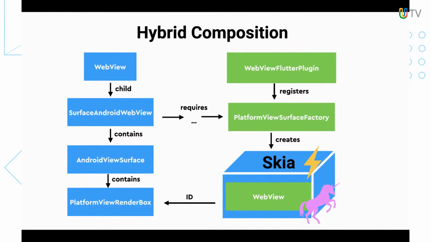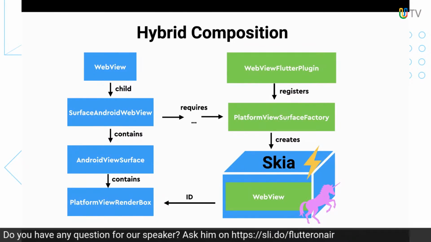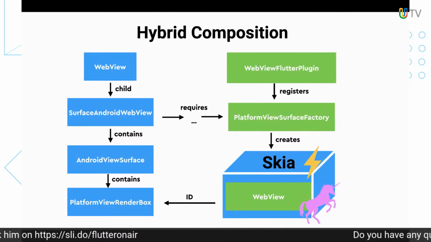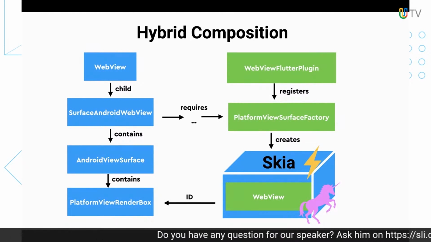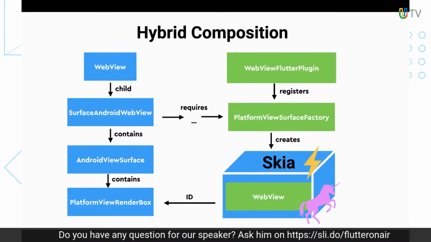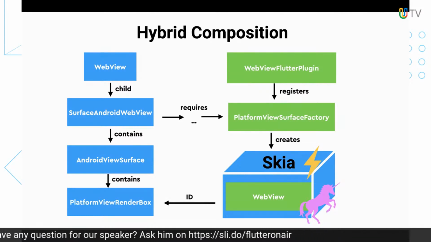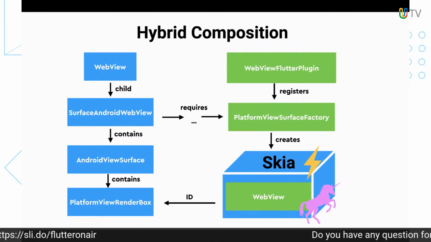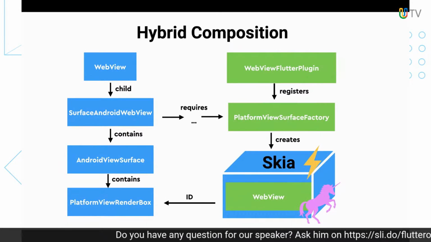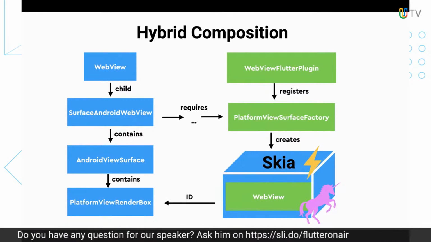This Android view surface integrates an Android view, the native view, with the whole Flutter engine compositor, the semantics and subsystems, all the subsystems. So it connects Android with Flutter. Whereas Android view, as we said, embeds the Android platform view with the hierarchy using a texture.